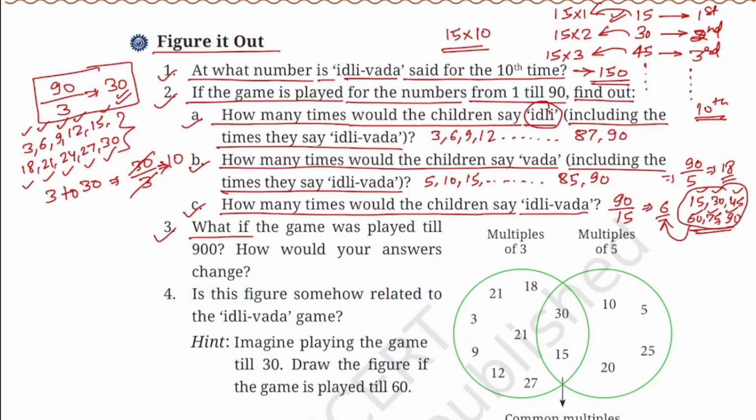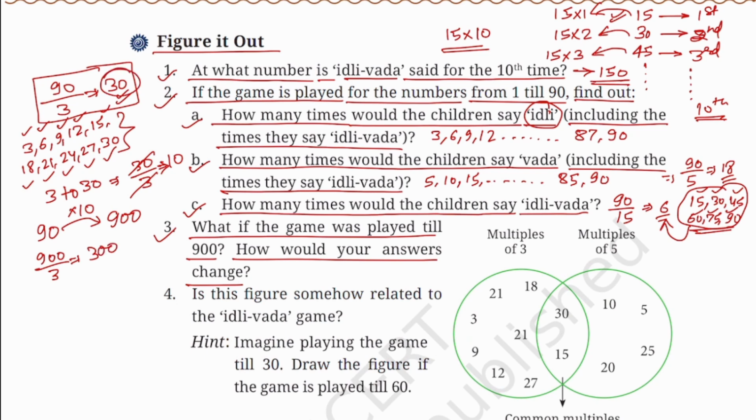3. What if the game was played till 900? How would your answers change? Since 90 is replaced by 900, that is 10 times, so answers will become 10 times. The first answer will become 900 divided by 3, that is 300 instead of 30.